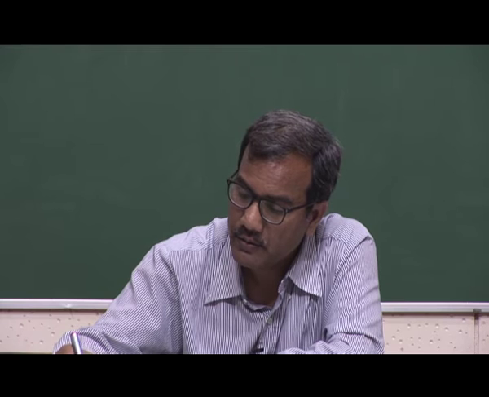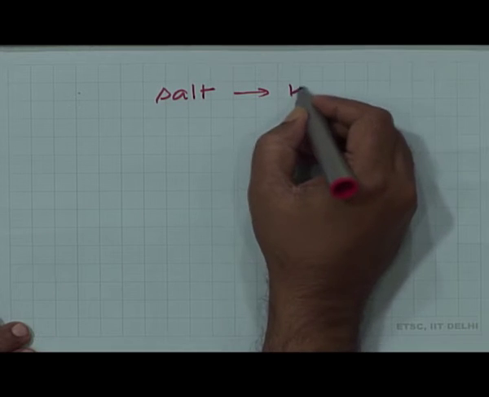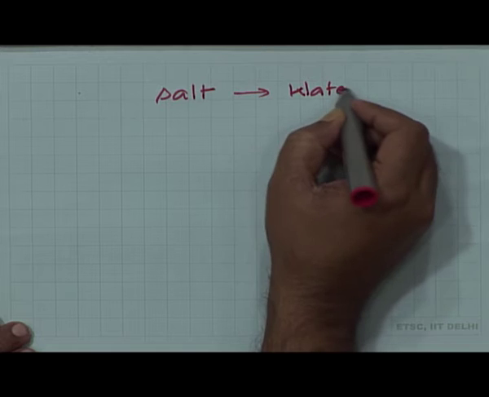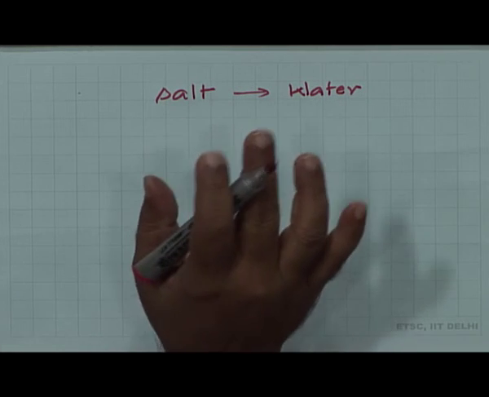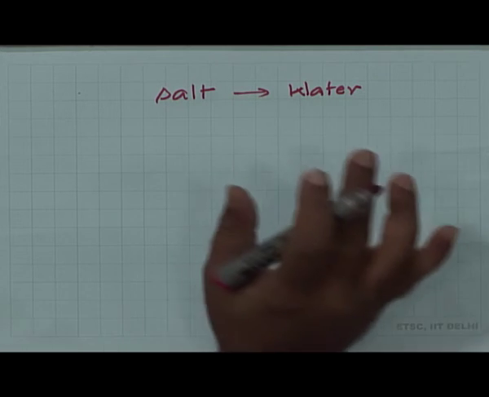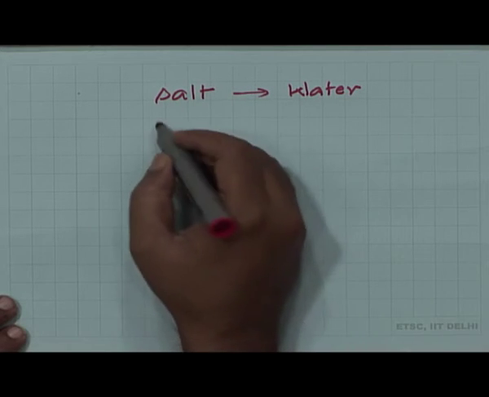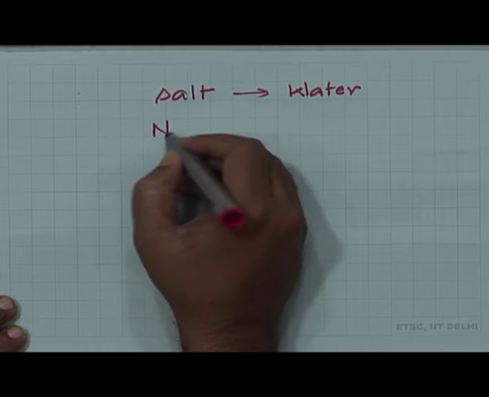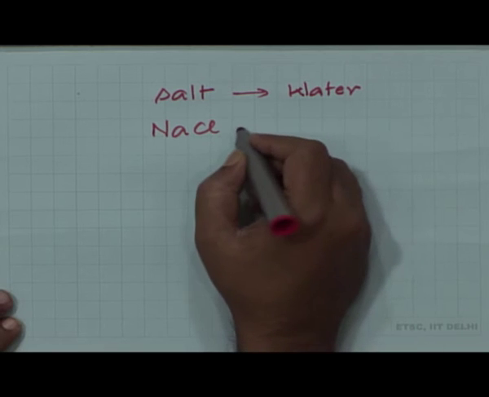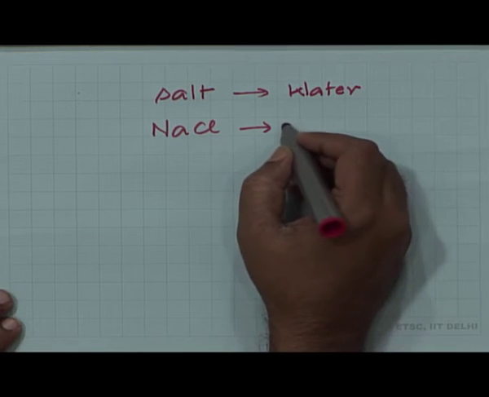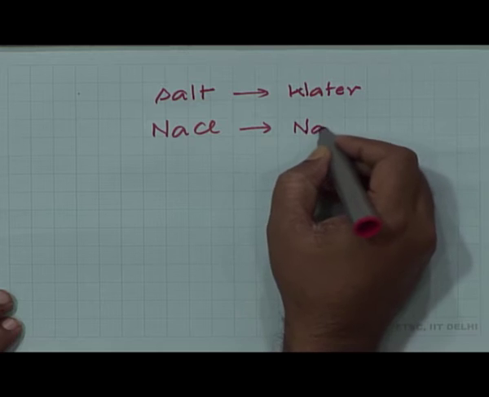So, suppose we have sodium acetate. If we put a salt into water and we want to know which kind of solution this is, whether it is an acidic solution, basic solution or neutral solution. So, suppose I take NaCl, a simple example, NaCl into water. What will we get?